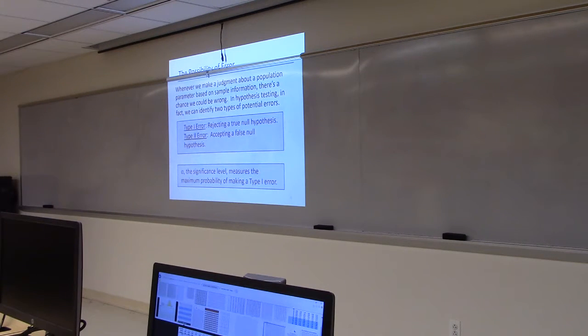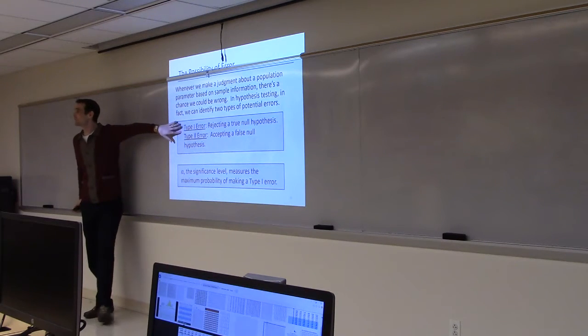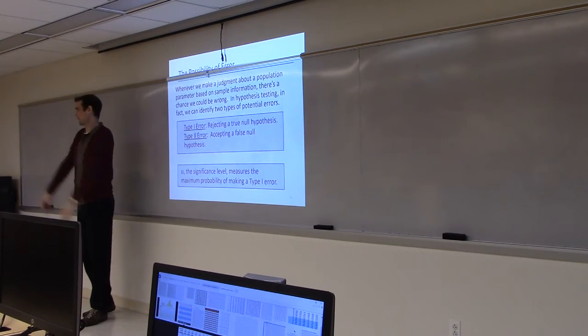I'm sorry, when you said the significance level, you meant the maximum probability, and you would use 10%? You could use 10%, you could use 5%, you could use 1%. Basically, whatever the cost of a type 1 error is. Is it high? Maybe making a type 1 error would mean you have to build a whole new factory.